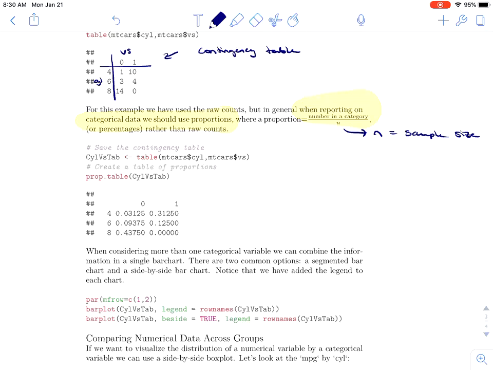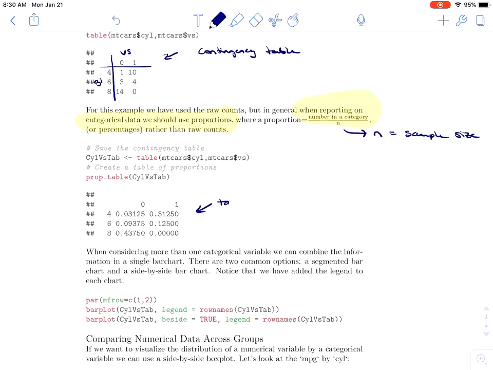And that's what we have here, a table of proportions. It's the same idea: we've got the V-shaped and the cylinder.